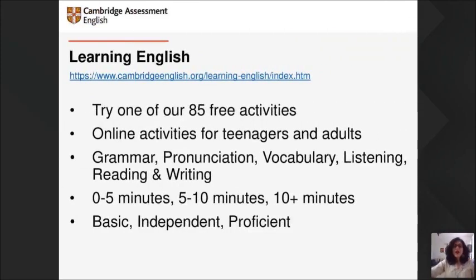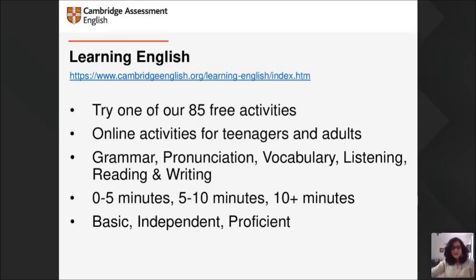You also have Learning English for, again, students, teachers, aspirants, candidates who are keen on improving their language proficiency and upskilling themselves with regards to the English language.